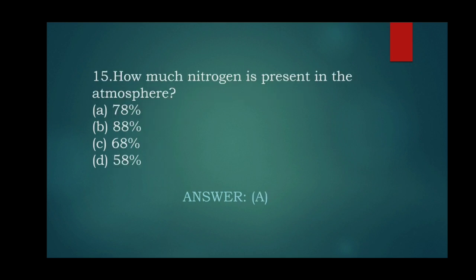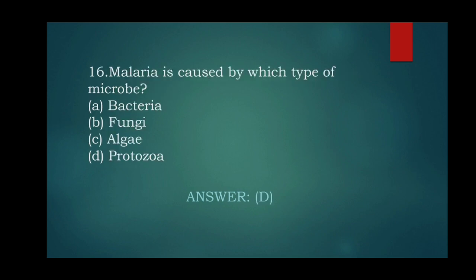Question number 15: how much nitrogen is present in the atmosphere? Options A, 78%, B, 88%, C, 68%, D, 58%. We know that the atmosphere contains 78% nitrogen, so the correct answer is option A. Question number 16: malaria is caused by which type of microbe? The options are bacteria, fungi, algae and protozoa.